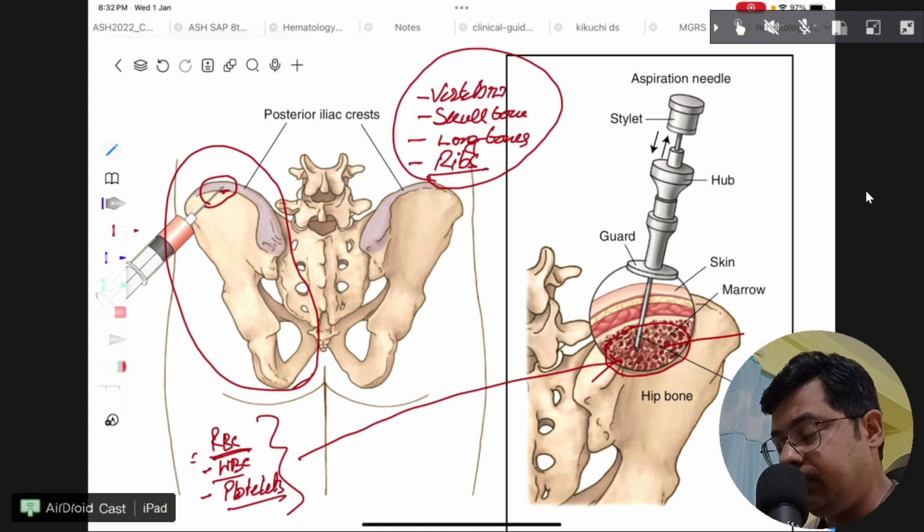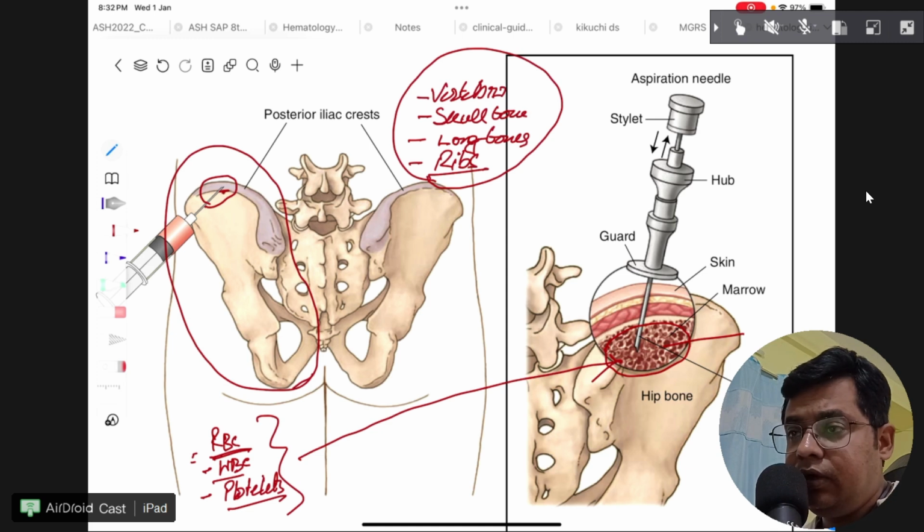We have to explain to them the exact procedure, what the risks are, and how you are going to perform the procedure, each and every thing about it. Then if they agree and give you consent for this procedure, you have to proceed.